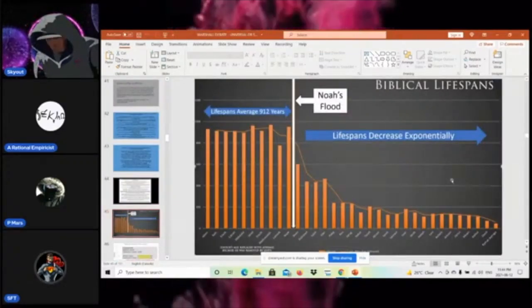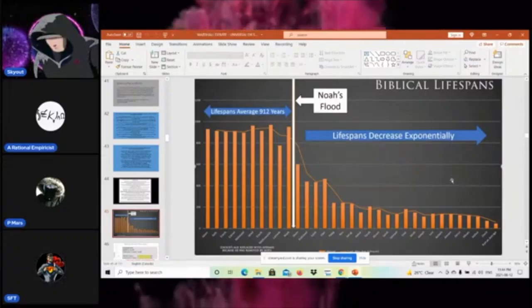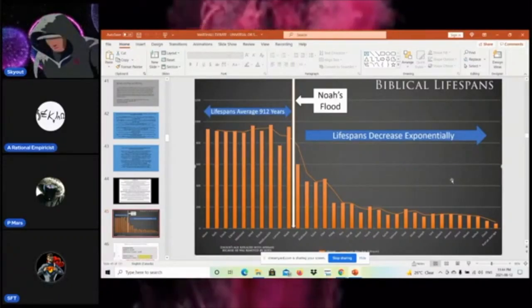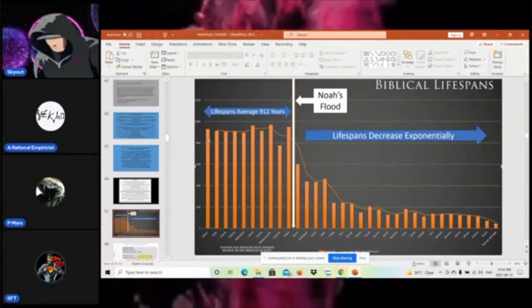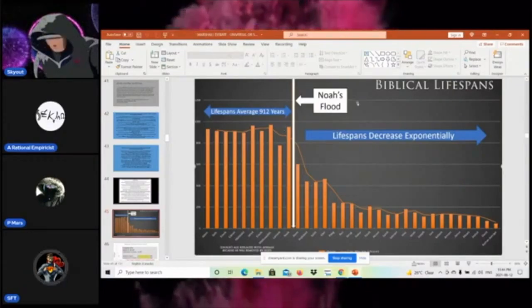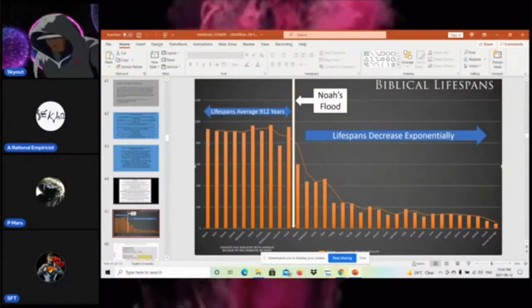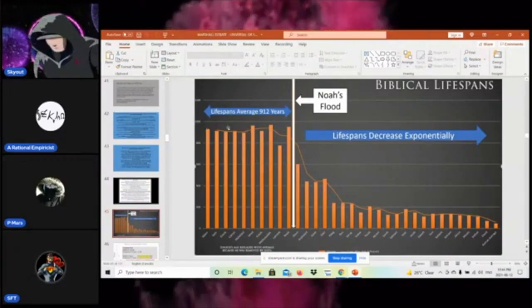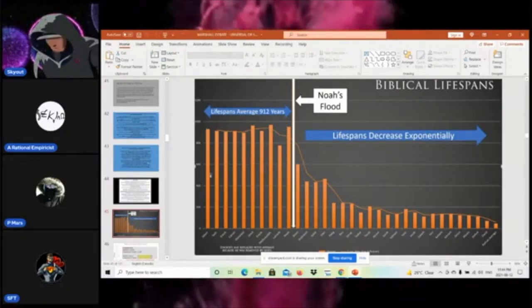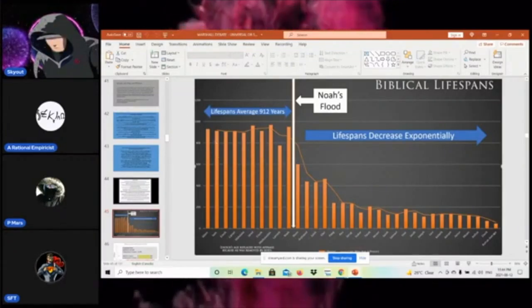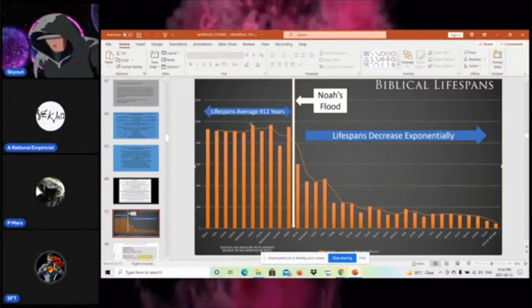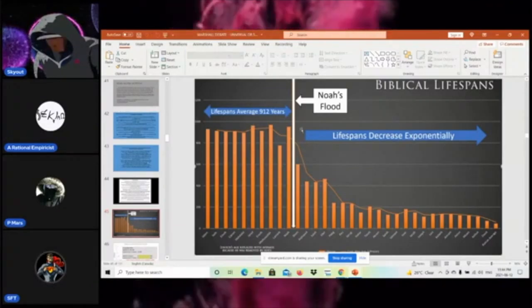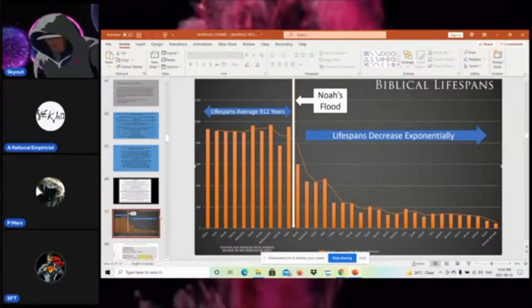When it comes to the biblical starting point, to bring this all the way back to what I was saying 15 minutes ago, when we start from the Bible, we can actually plot the biblical lifespan starting from Adam, Seth, whatever, down to after the flood. And we see the same exponential decay curve based on what we know about accumulating mutations. We see the same exponential decay curve in biblical lifespans as we do in biology.